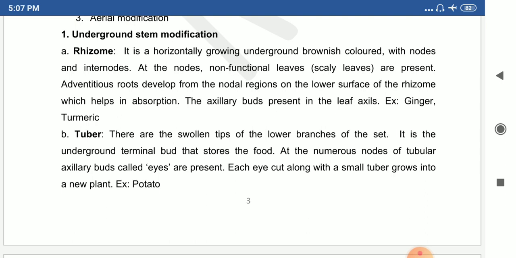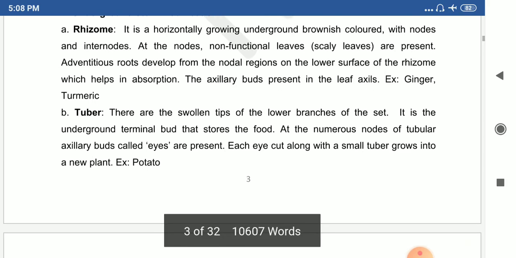Usually the stem is an aerial part, but here the stem is in the underground portion, and it is swollen to form a tuber-like structure. The example is potato. At each nodal region, the tuber has axillary buds called eyes. These eyes help in the development of the shoot from the underground stem portion.